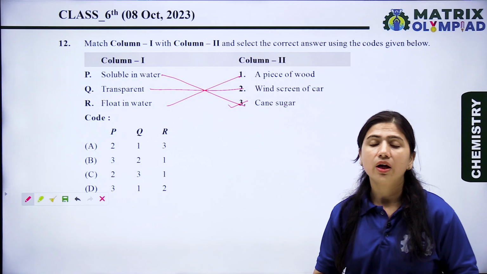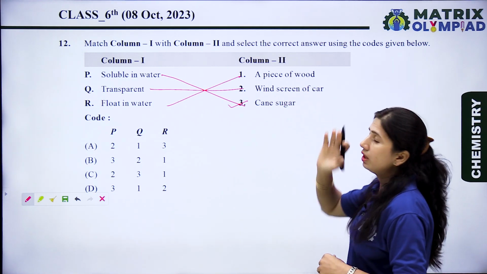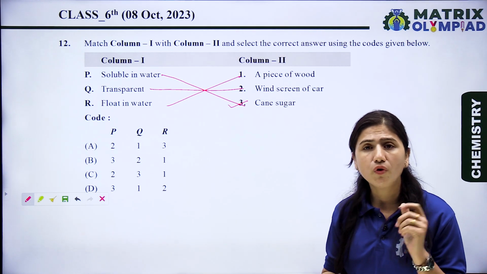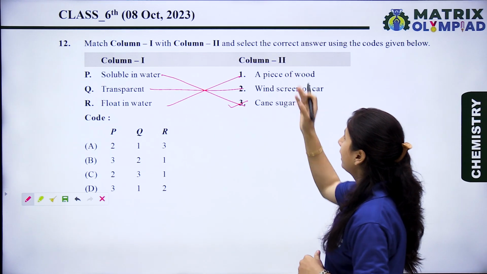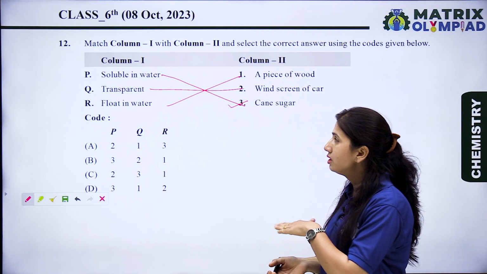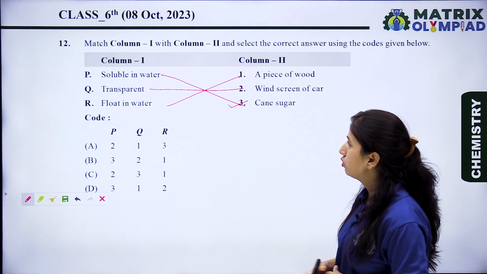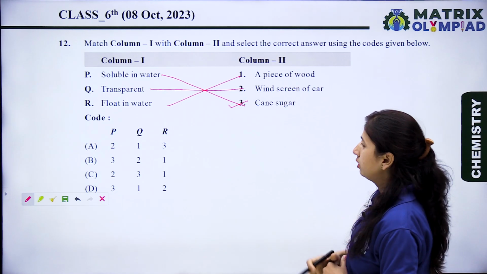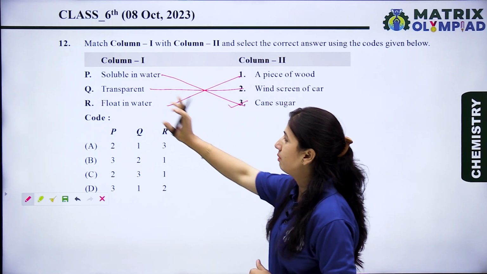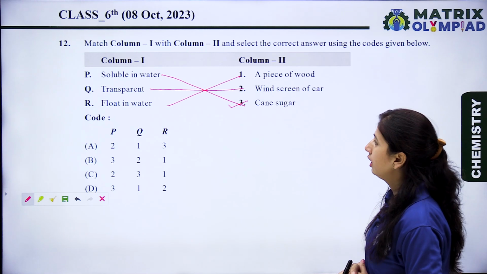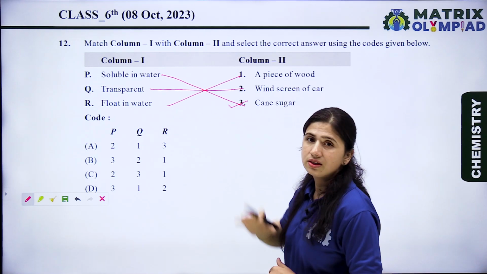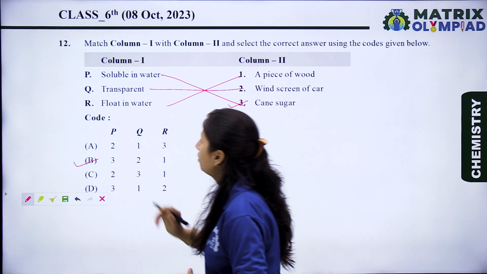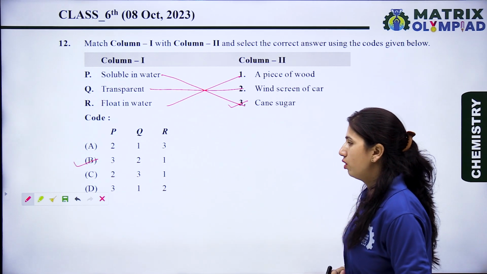Because we know that the density of wood is lesser than water. So it can easily float on the surface of water. So P is matched with the third option, Q is matched with the second option, and R is matched with the first option. So we can say that option B is the right option.